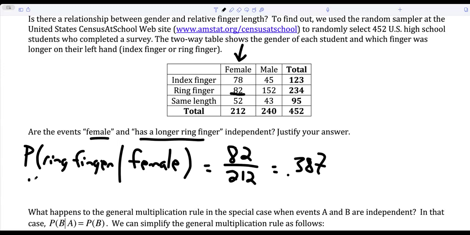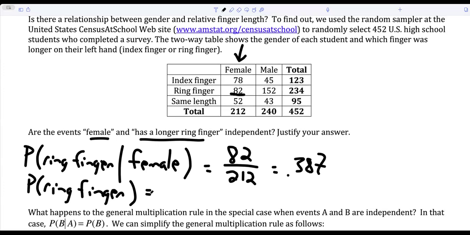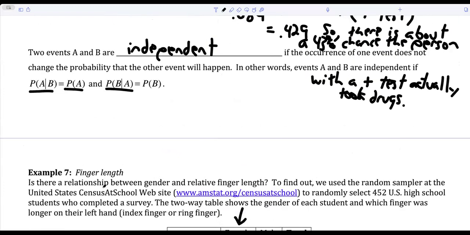And so now I'm going to find the probability of having the ring finger longer. So look back at this formula right here. The probability of A given B equals the probability of A if the events are independent.